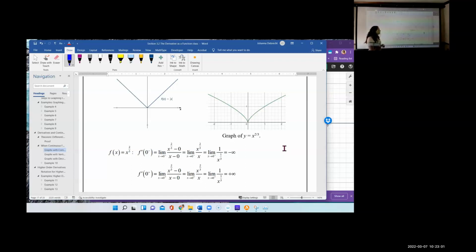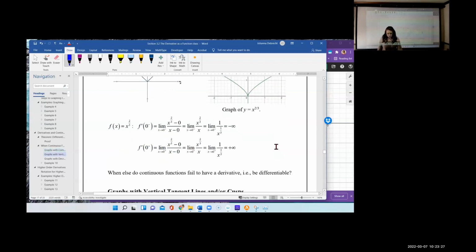And if you're not sure why it doesn't exist at the cusp, here is the derivative approaching 0 from the left and the derivative approaching 0 from the right. And you'll see from one direction it goes to negative infinity, and one direction it goes to positive infinity. Those aren't even numbers, so it can't exist, but they also don't agree. So we get nothing. It does not exist there.